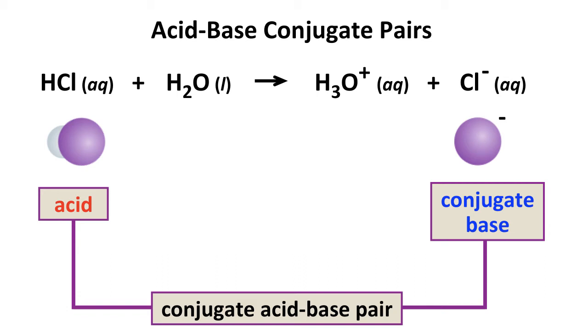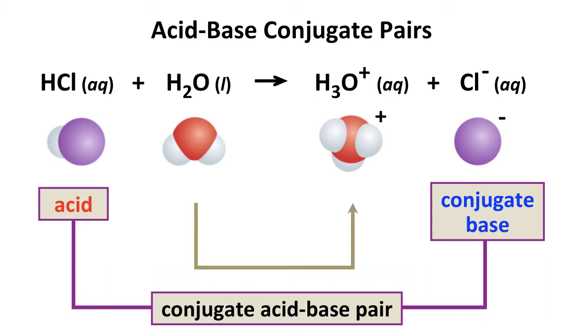Now, there's another conjugate acid-base pair in this reaction, and H2O on a molecular level looks like this. It accepts the H plus from the HCl, and when that happens, it produces H3O plus.